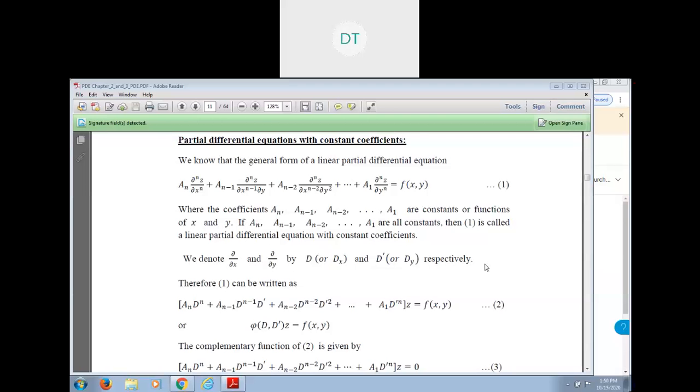Small s is what? 0, ma'am. Yes, Partho, tell me, small s is what? 1. No, small s is not 1. It is del 2z by del x del y.